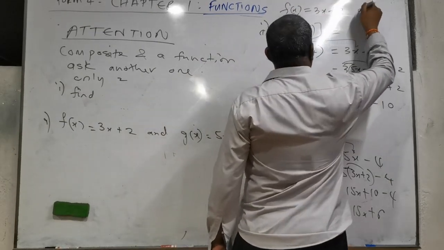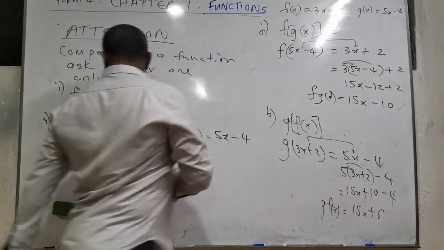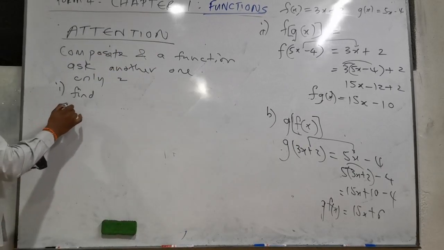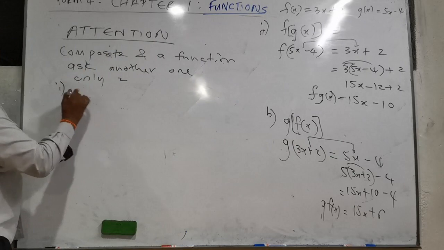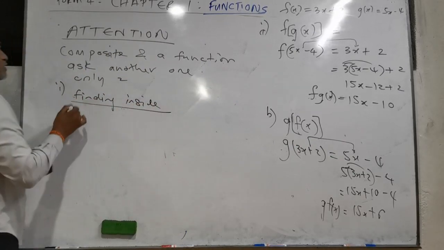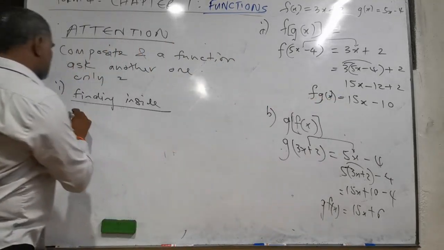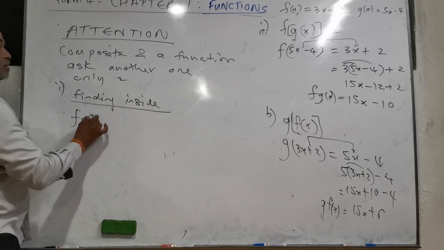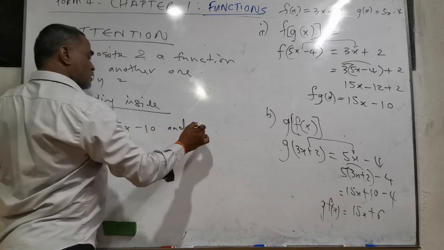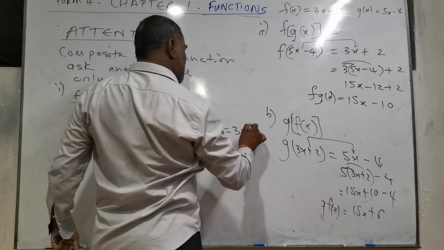Okay, so g(x) is 5x minus 4. Now the question is, they give you like this. They call it finding inside. What's the meaning of this? So they give a composite function. For example, they give you fg(x), they will say 15x minus 10, and they give you f(x). f(x) we know is 3x plus 2.